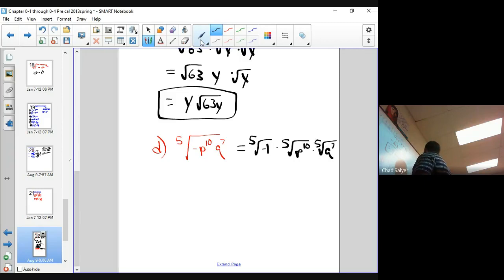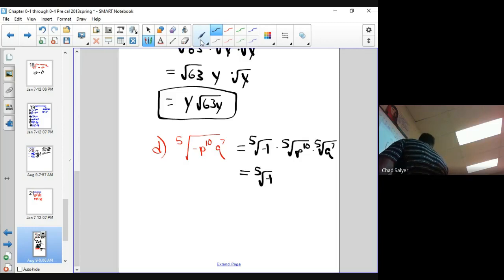Well, actually, we're not sure if that's going to be positive or negative. So the final answer won't include an imaginary like I originally thought. All right, fifth root of -1, we cannot simplify.